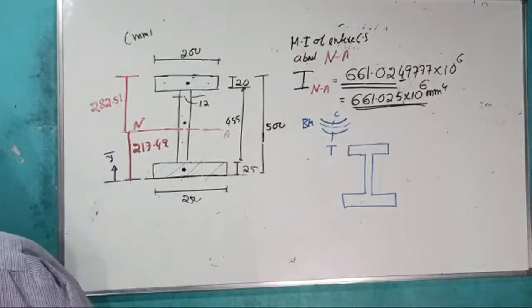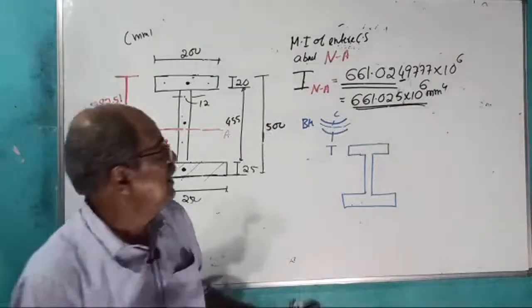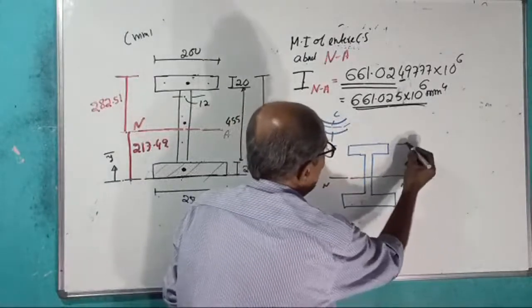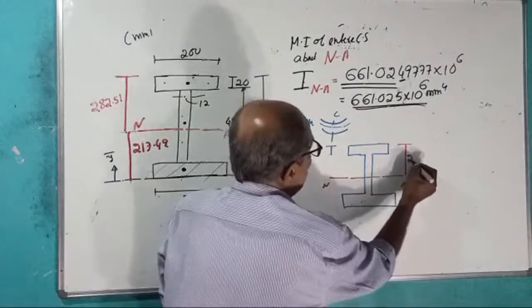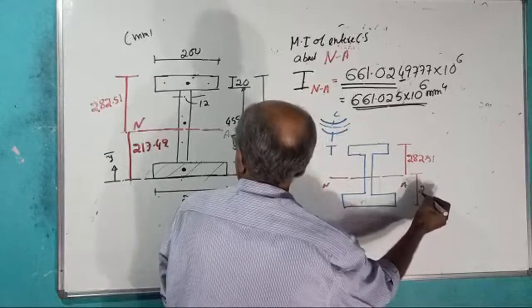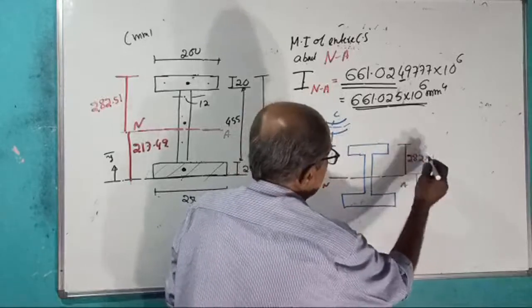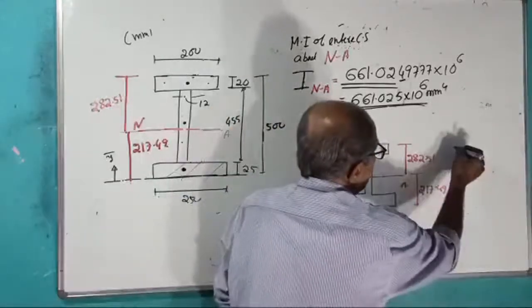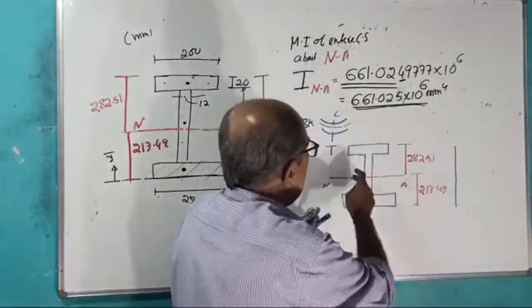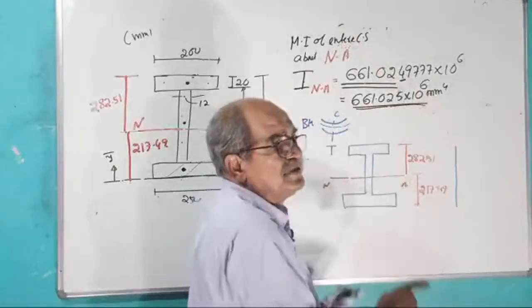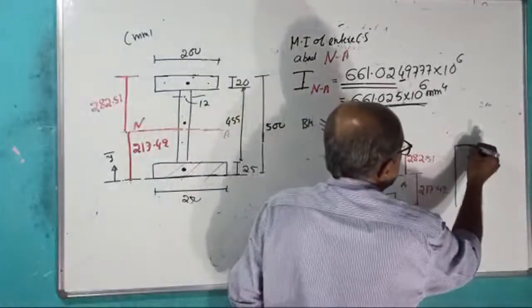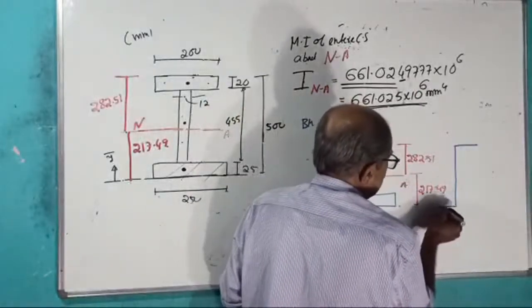If the neutral axis comes here, you know this distance is 282.51 here, and this distance is 217.49 millimeter. Then if I draw the bending stress diagram, remember, even if I write here, the stresses are acting perpendicular to the cross section. Told thousands of times. It is maximum compression here and maximum tension here.